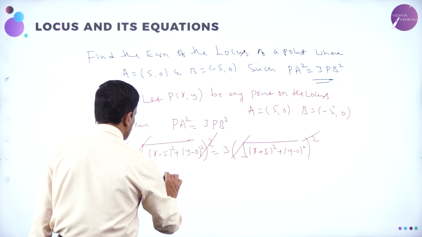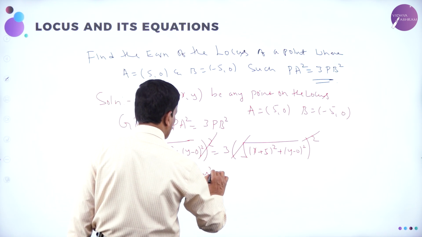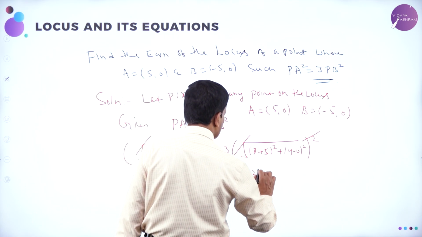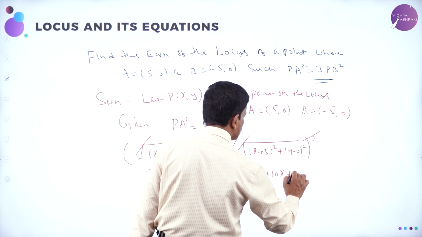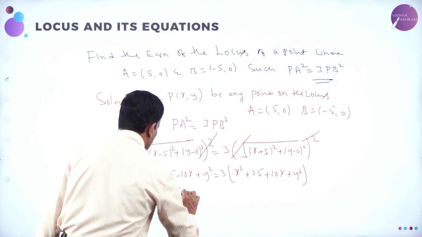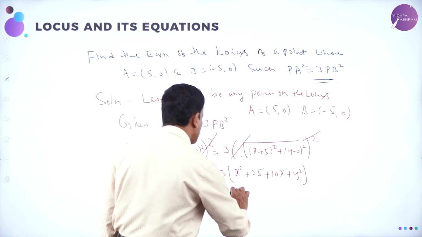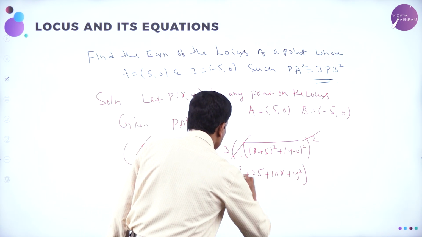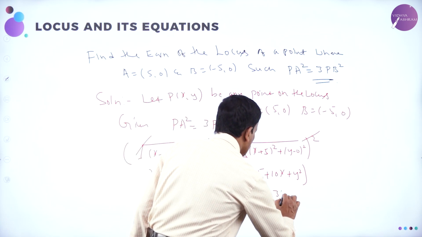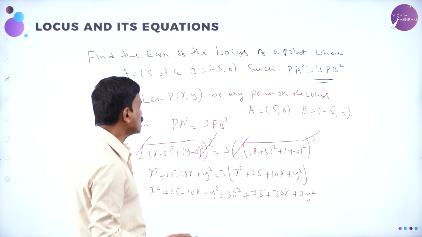So we will have a² + b² − 2ab: x² + 25 − 10x + y² is equal to 3 times, as it is, a² + b² + 2ab: x² + 25 + 10x + y². Multiplying by 3, we get 3x², 25 into 3 is 75, plus 30x, plus 3y². Now transfer all the terms to the left hand side, and you will get the answer.